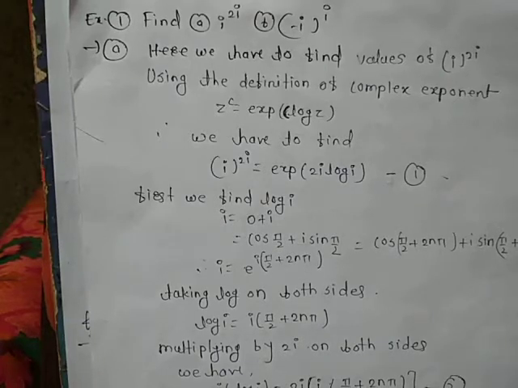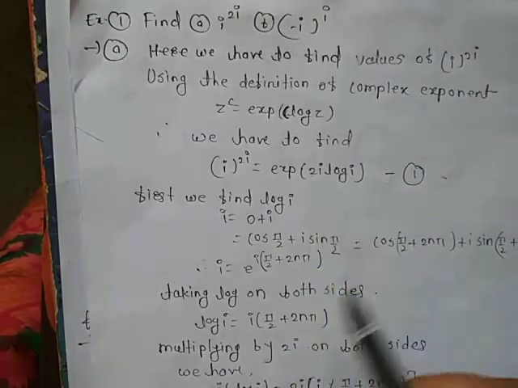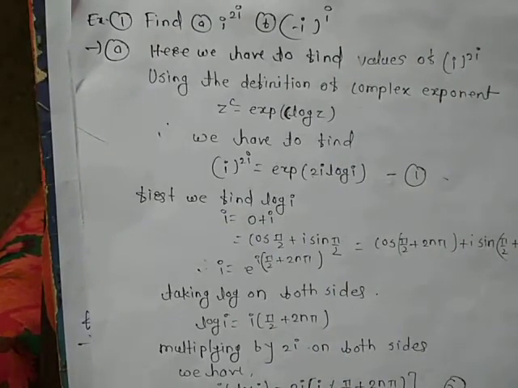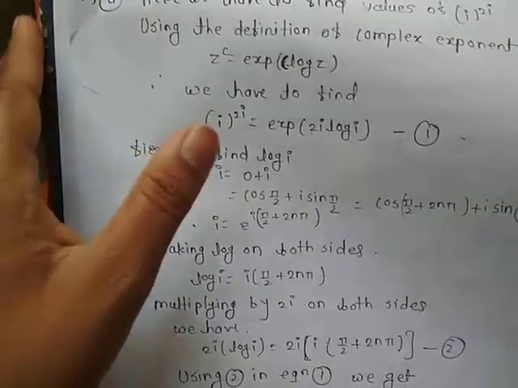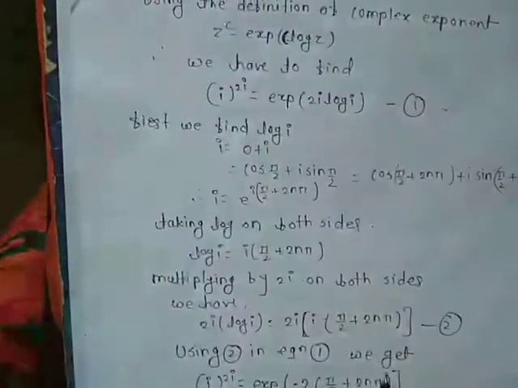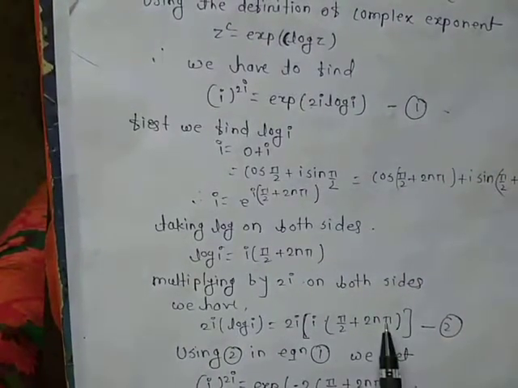because here we require 2i into log i, we will get 2i into log i, which is equal to 2i into i into (pi by 2 plus 2n pi).